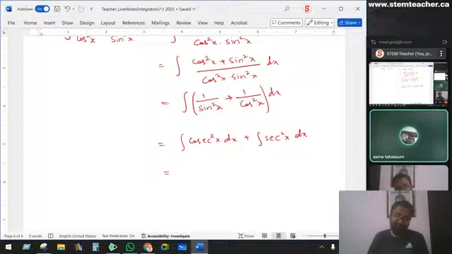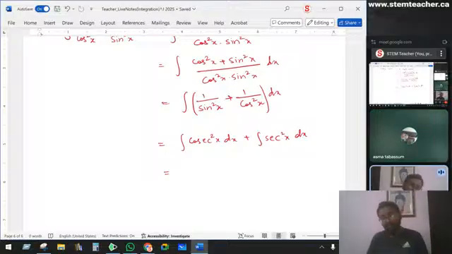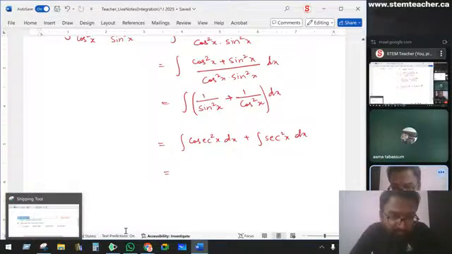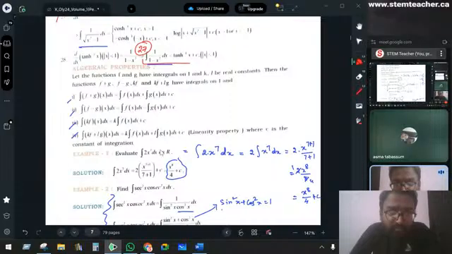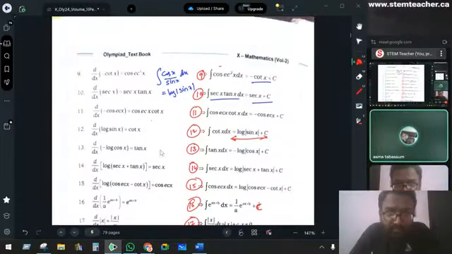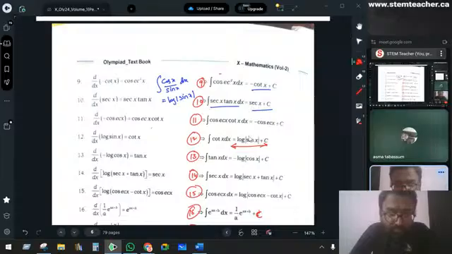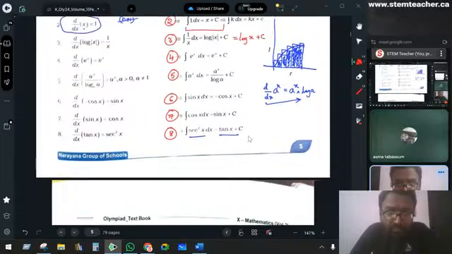What is the integration of cosec square x? Do we have this formula? If you open and look back at your previous list of formulas, it is minus cot x plus c.